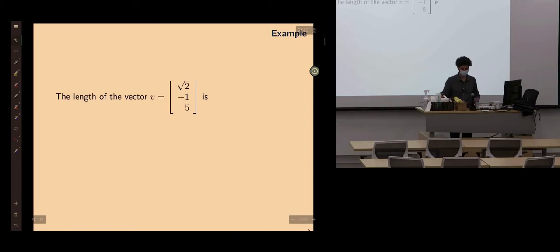For example, what's the length of the following vector? It is a, I'm going to use blue, 3 by 1 vector. Tell me so I can write it. By length, I mean the Euclidean norm.